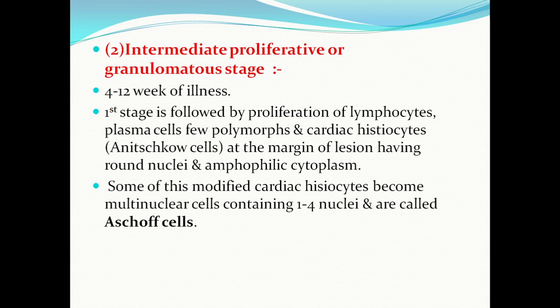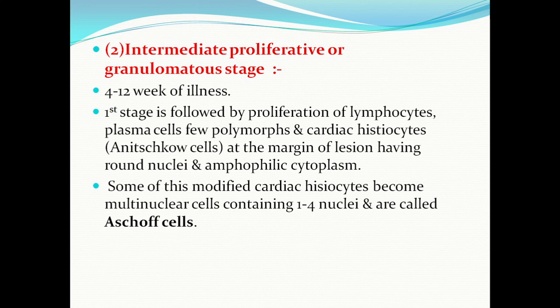Some of these modified cardiac histiocytes become multinuclear cells containing 1 to 4 nuclei, and they are called Aschoff cells. So here, what happens in the granulomatous stage is that there will be a granuloma formation.